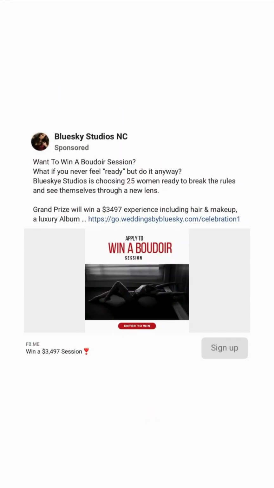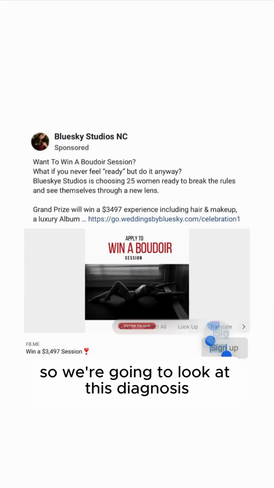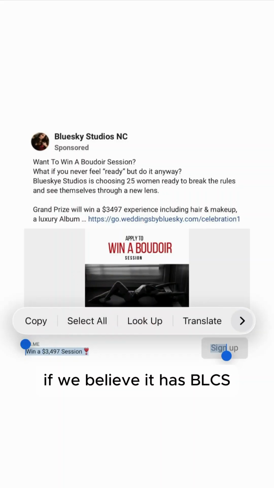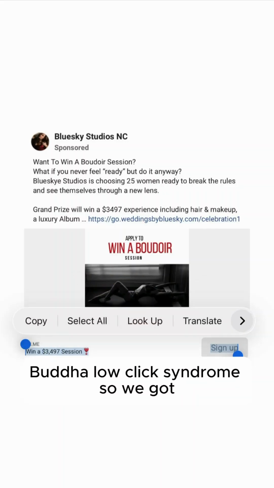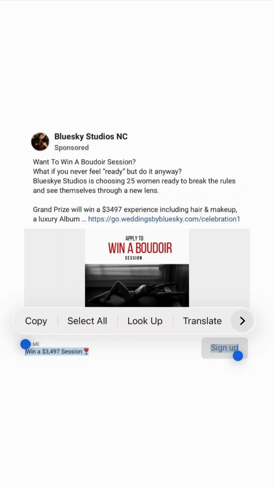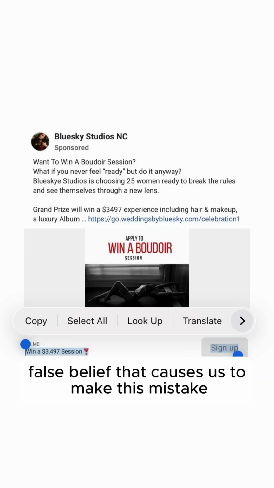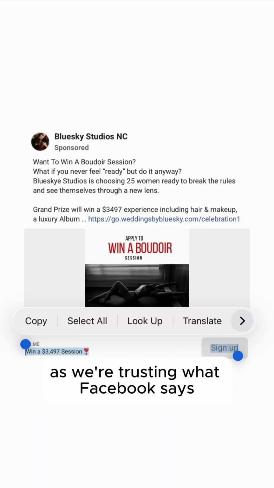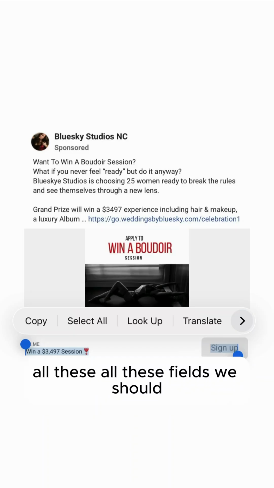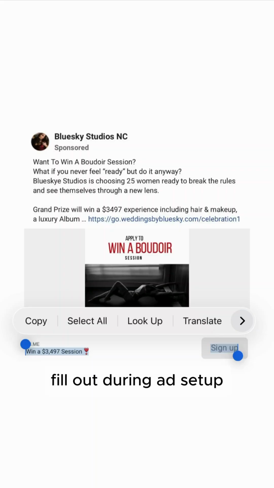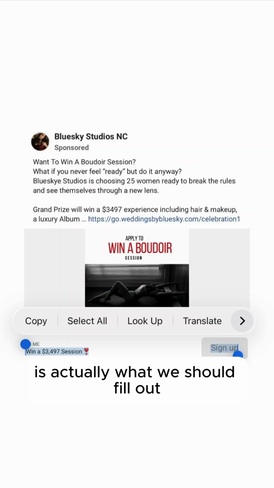Boudoir Pico. So we're going to look at this, diagnose it, see if we believe it has BLCS, Boudoir low click syndrome. So we got the below creative cluster mistake here. The false belief that causes us to make this mistake is we're trusting what Facebook says, that all these fields we should fill out during ad setup is actually what we should fill out.